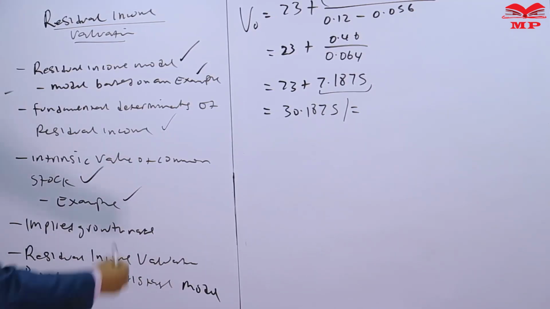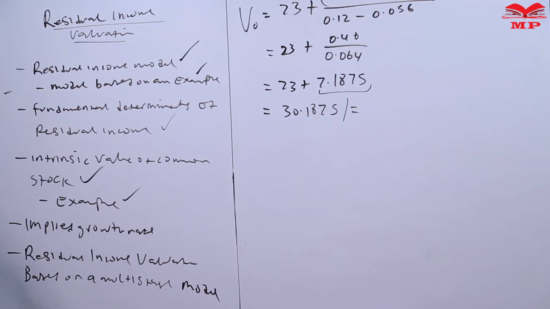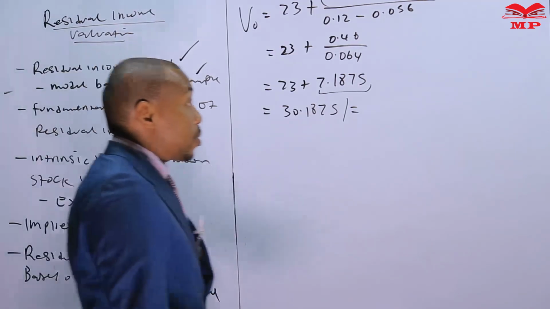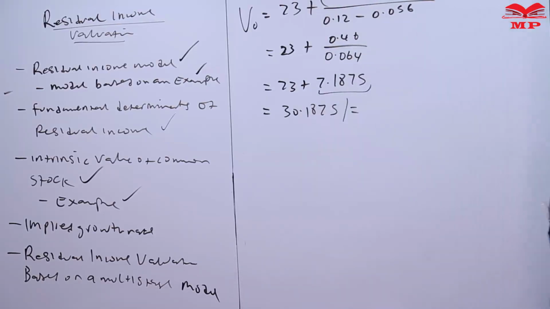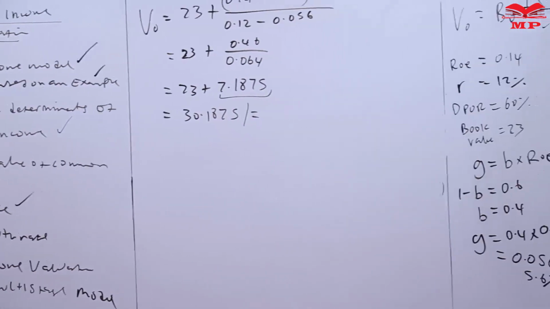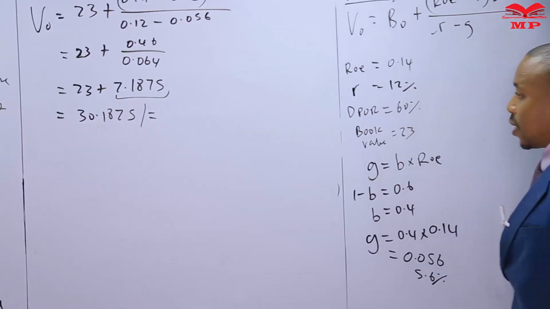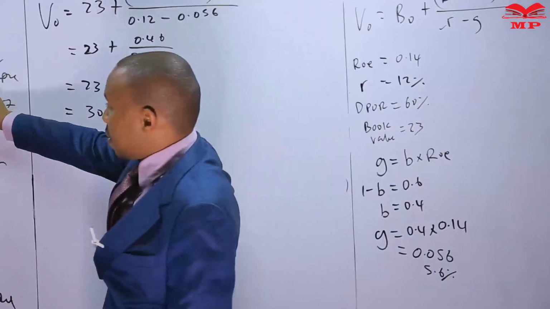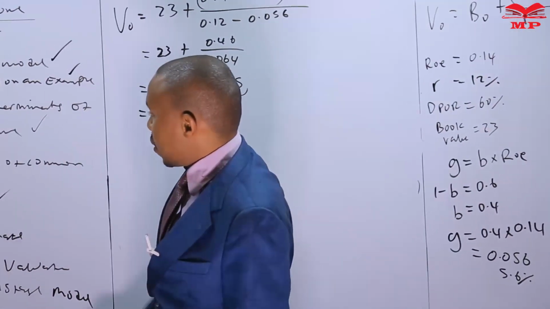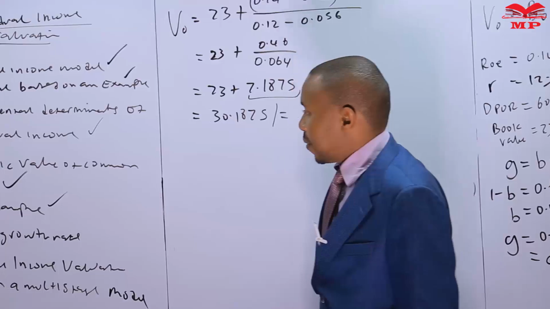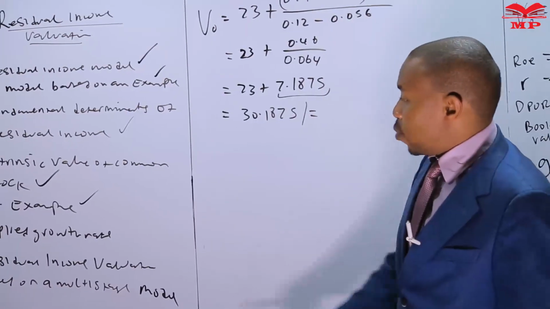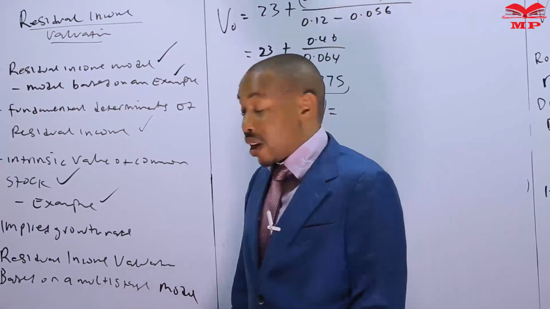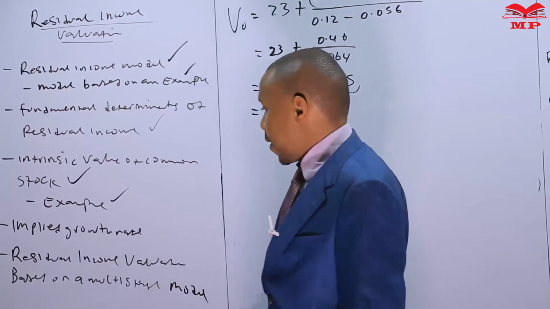The fundamental determinants are just the beginning book value and the present value of future economic profits. So we can see our progress there.